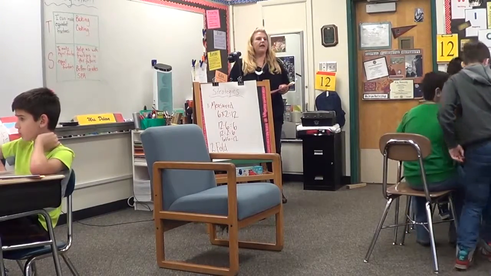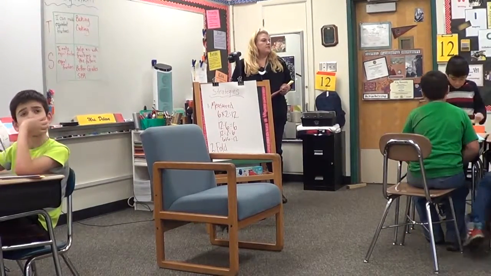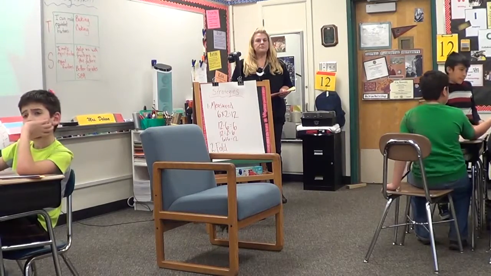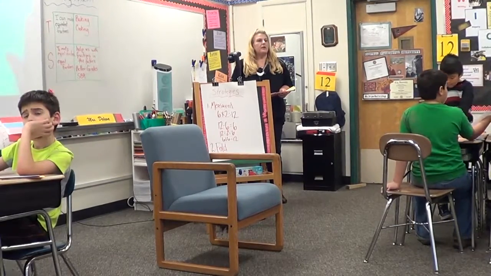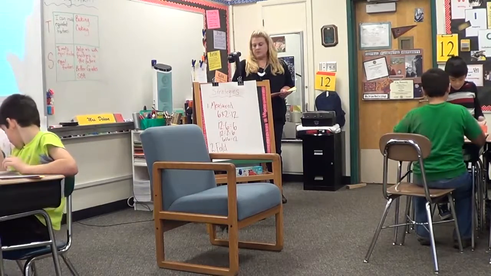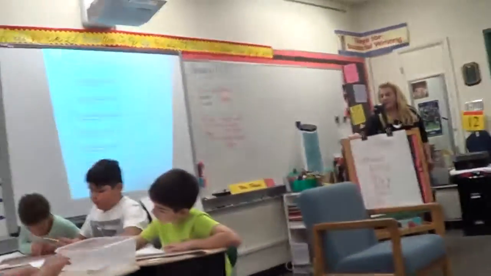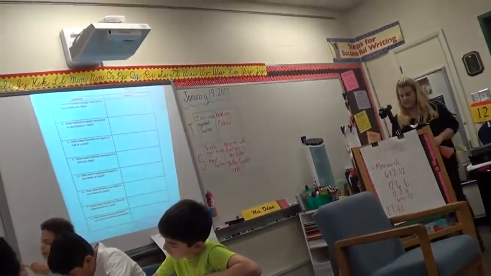So I need everybody to have their piece of paper out. And this is what you're going to do. You'll notice that I have an AVID heading on my paper. Would you please fill out the information that's missing?